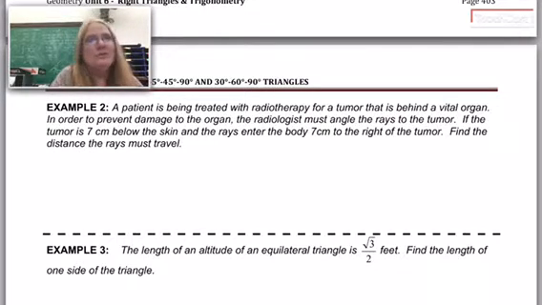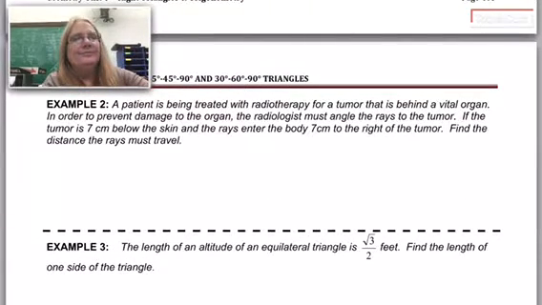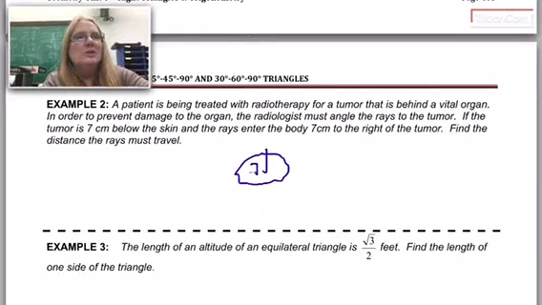I can't really draw this very well, but here's the tumor, and it is 7 centimeters below the skin, but they need to come at it from 7 centimeters over here. So I tried to make those look the same length. Let's make our tumor a little bigger. And then the distance they want to know is this distance right here.